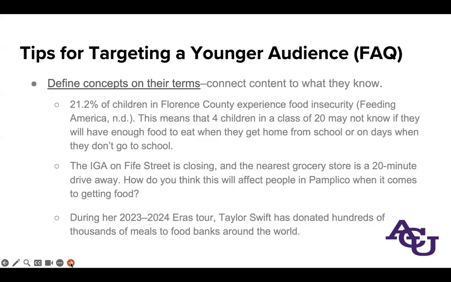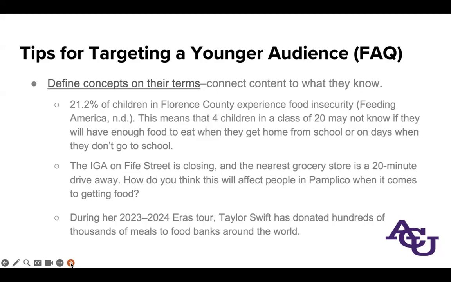You'll notice that I did briefly cite the statistic here. I have that it's from Feeding America. 5th and 6th graders are smart, and they are mature enough to want a little bit of evidence to back up your claims. There are going to be some 10, 11, 12-year-olds who you tell 21.2% of children in the county where we live don't have food, and they're going to want to know, where'd you get that information?